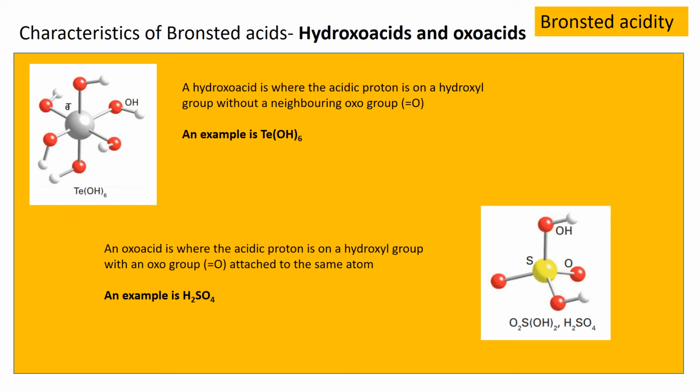There are things called hydroxoacids and oxoacids. A hydroxoacid is where the acidic proton is on a hydroxyl group without a neighbouring oxo group. So you can see there TOH6 is a good example. And an oxoacid is where the acidic proton is on a hydroxyl group with an oxo group attached to the same atom. So sulfuric acid is a good example of an oxoacid.